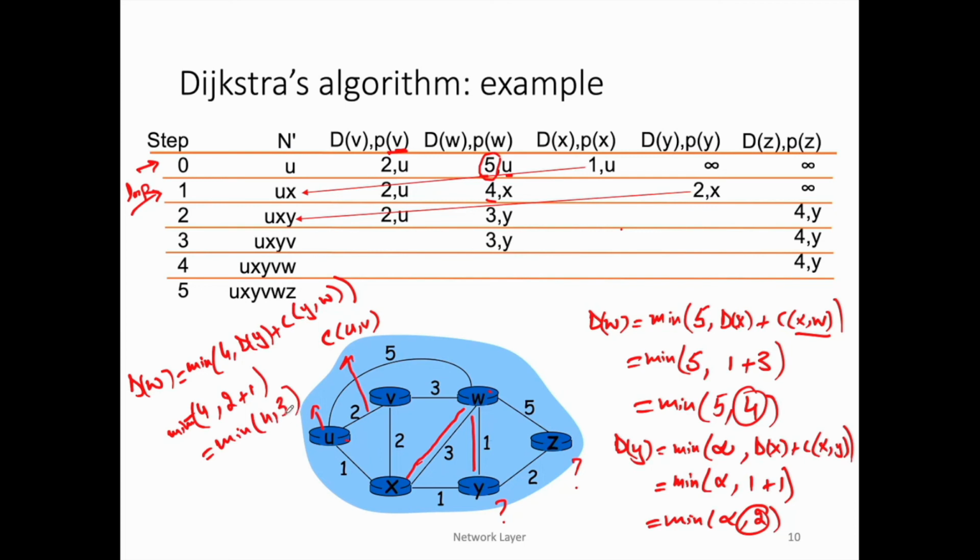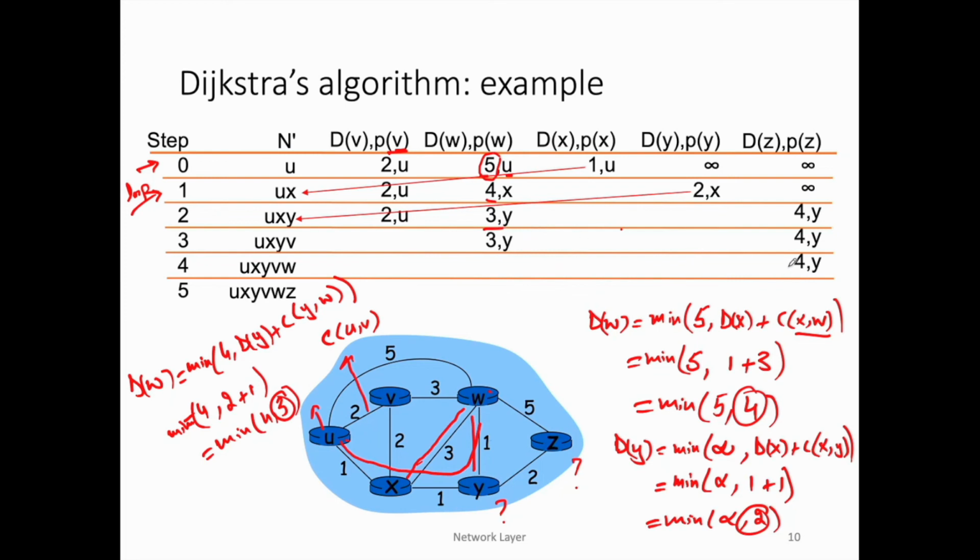So whichever is the minimum. Which is the minimum? Yes, 3. So now we have again updated the cost to reach w. But now the predecessor node is y. Now if you want to send data to w, it has to be routed through this path, through y to w, because this contains the least cost now, right?